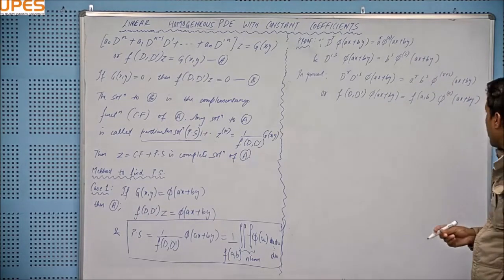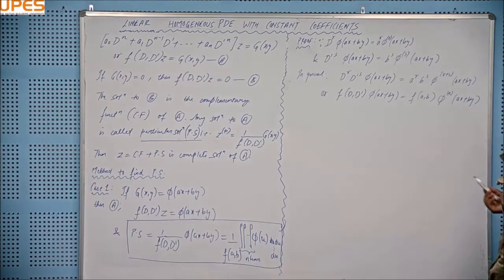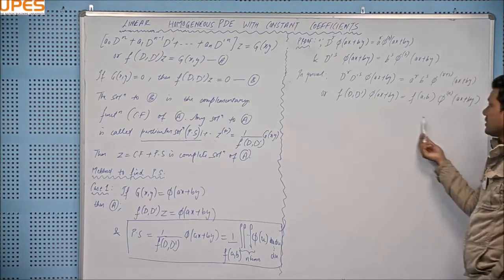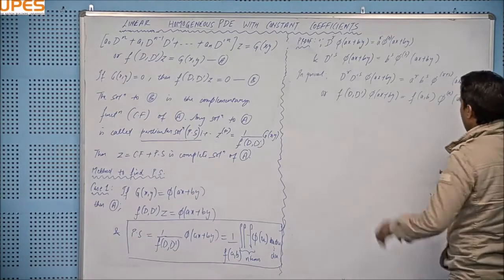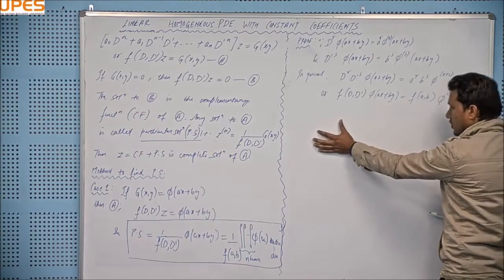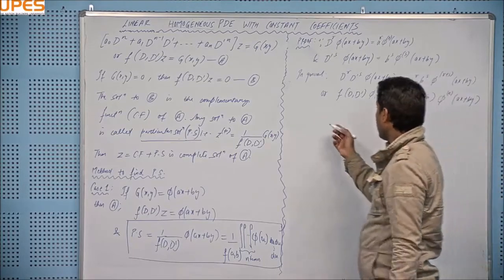And now, can this operator 1 over f(D, D') be taken here, because it is an entity, and f(a, b) can be taken over here, but provided f(a, b) is not equal to 0?